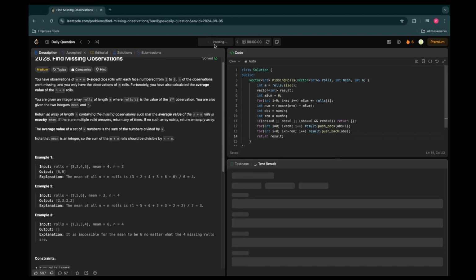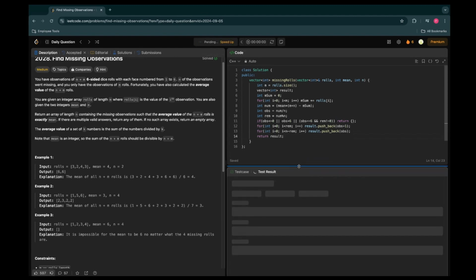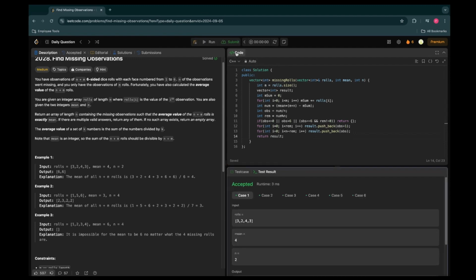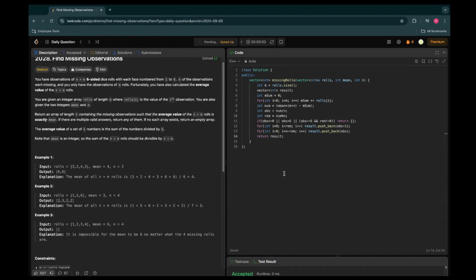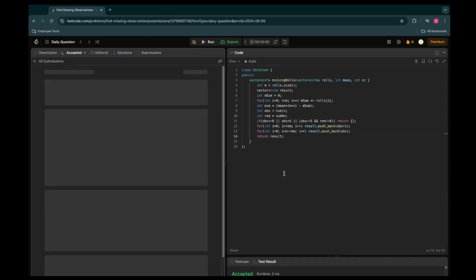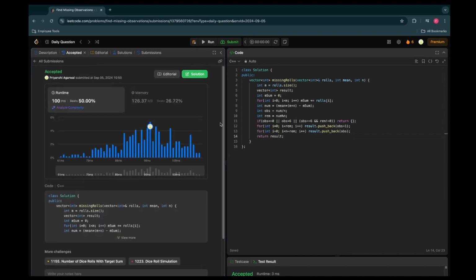Now let's try running this. Yeah, it's working fine. Let's try submitting it. Yeah, it's working fine. So now let's talk about its time and space complexity.